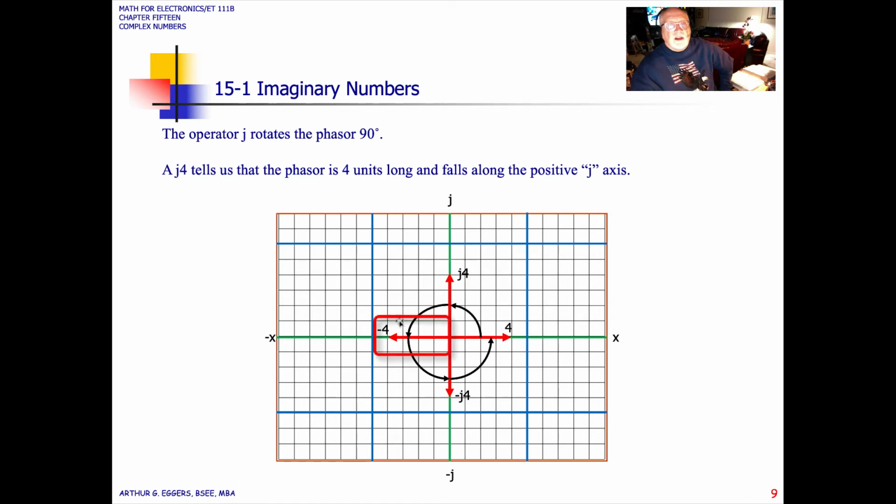If we rotate it another 90 degrees, we end up with just a real part in the negative direction and no imaginary part, that is 0. And if we rotate it another 90 degrees, we end up with no real part and an imaginary part of minus j4. And then we go back to just the real part. So this is a graphical representation of what the j is really doing with a simple example.